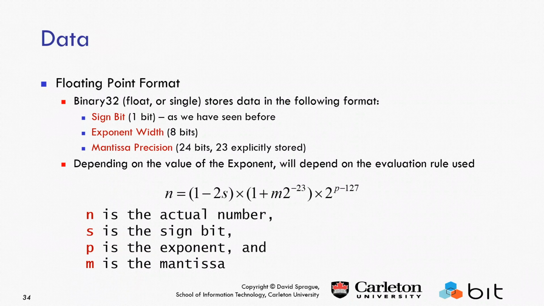We have the exponent bits, 2 to the power of negative 2 or 2 to the power of 24, whatever the case is, and we have a sign bit. All of these things working together will give you the actual number: the sign bit, the mantissa, and the exponent itself.